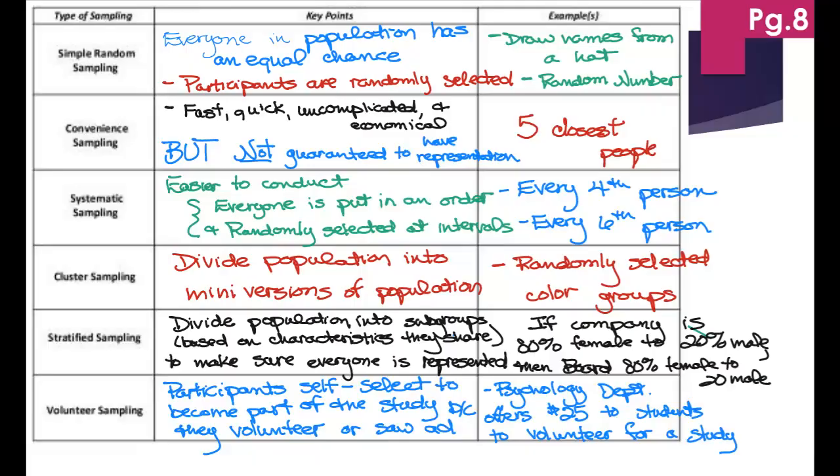Let's see here. What would be the best way for us to do a simple random sampling in here, do you think? If I were to just pick people, do you think that would be simple random sampling? Why or why not? If I pick people, would that be a good simple random sampling?